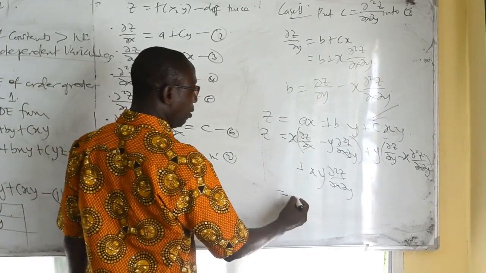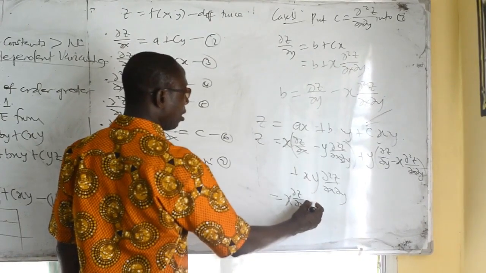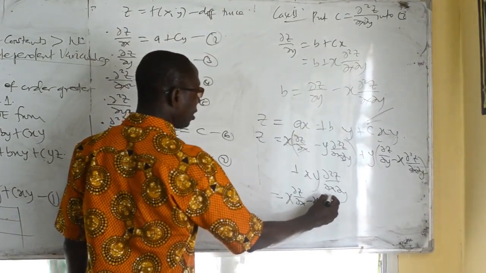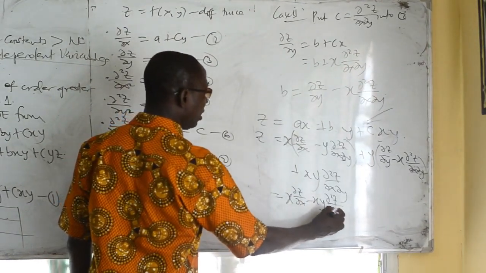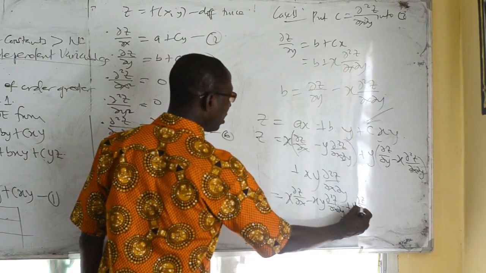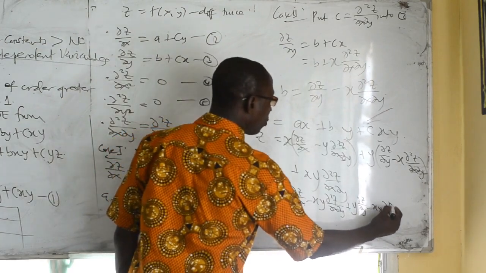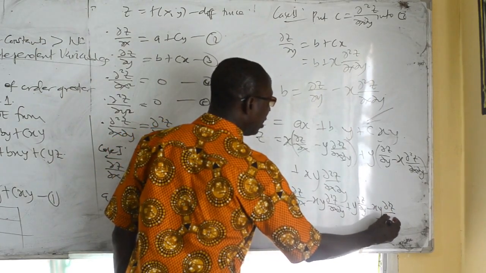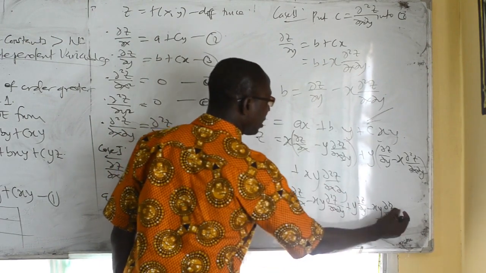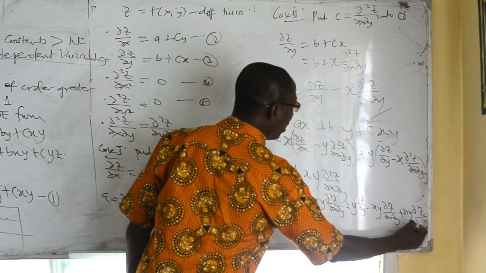So when we expand, we will have x dz dx minus xy d squared z over dx dy plus y dz dy minus xy d squared z over dx dy plus xy d squared z over dx dy.